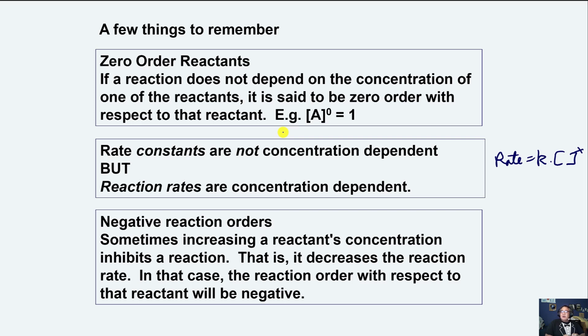And so some of these products will actually be part of the reaction, not as reactants, but they're slowing the reaction down by being present in the solution where it's made. So anyways, you can have negative orders. We won't see any in this class.